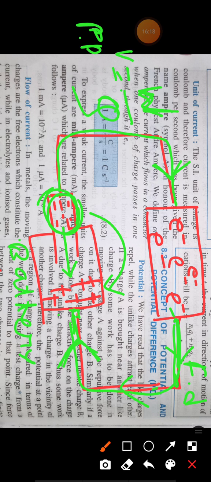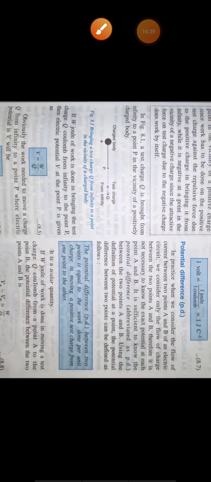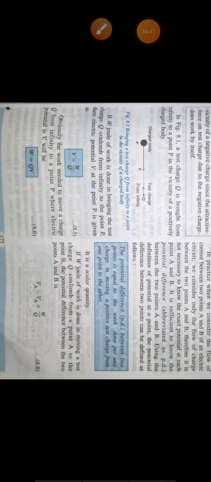How much work the battery is doing per unit charge is called the potential difference. So potential difference is defined as work done per unit charge, and potential is also defined as work done per unit charge.